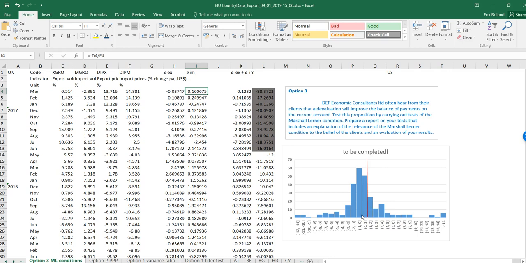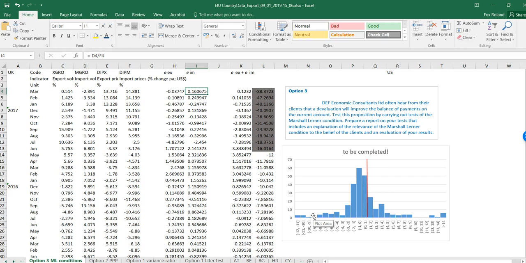0 to 1 is this bucket, and 1 to 2 is this bucket here, and you can see that there are many fewer greater than 1 and a lot more below negative 1, which is suggesting that on the whole, if there's a devaluation, then the current account balance is likely to get worse.